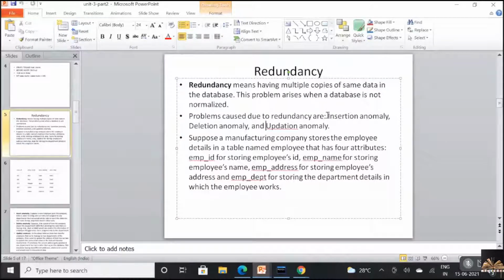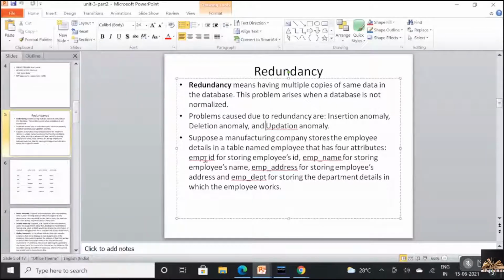Now, what are these three problems? What is insertion anomaly, deletion anomaly, and updation anomaly? We will be going with a small database. Suppose there is a manufacturing company that stores employee details. The employee table has 4 attributes.